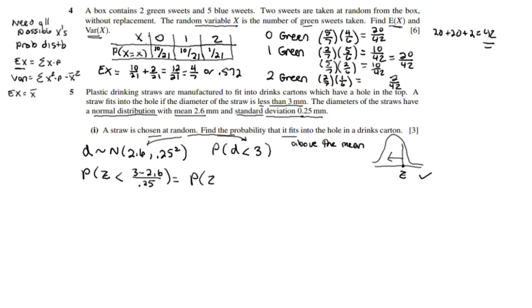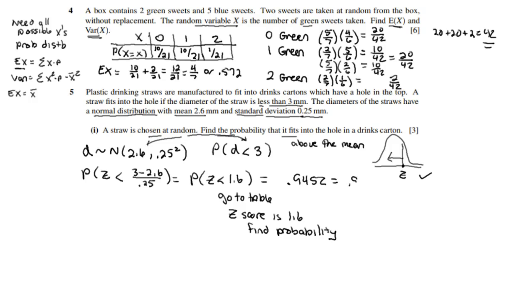And then I just got to change this to a z-score, 1.6. And then go to the table and find 1.6 along the side. And then find the probability that matches it. And the probability that I found was 0.9452.